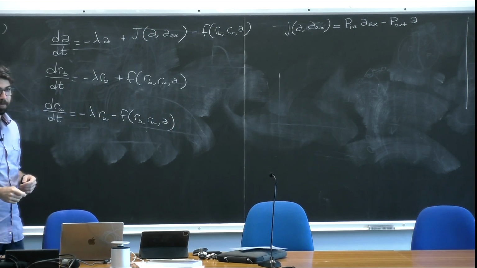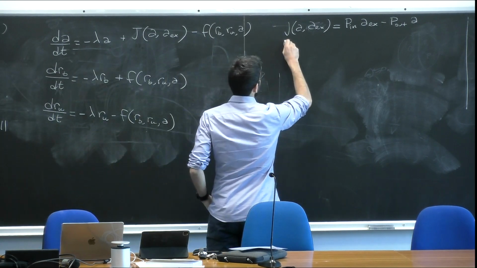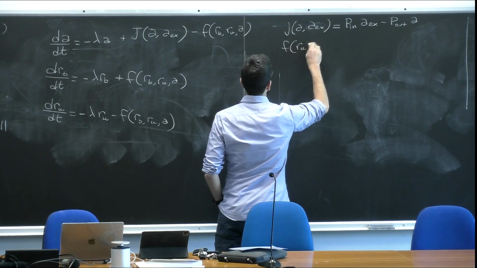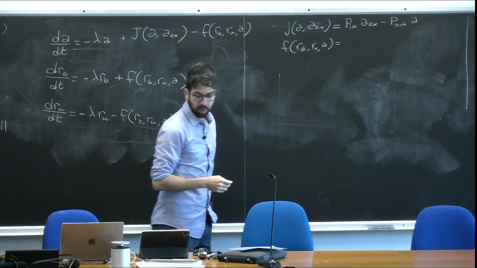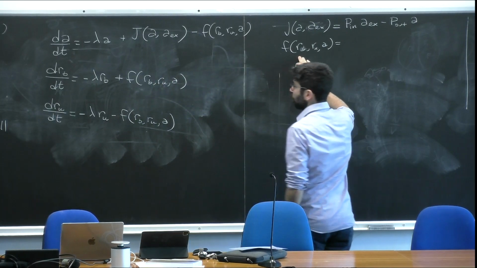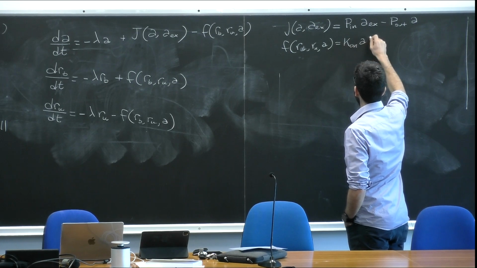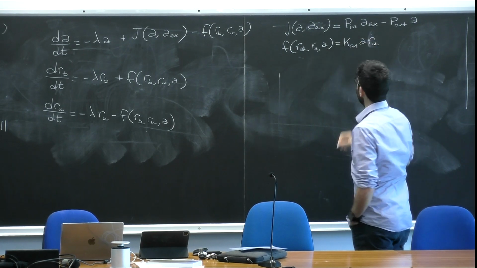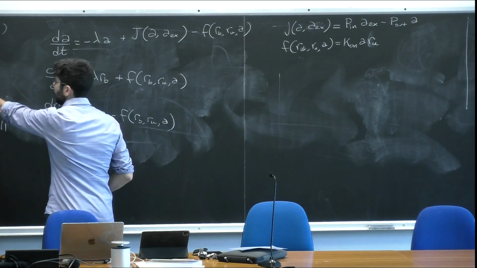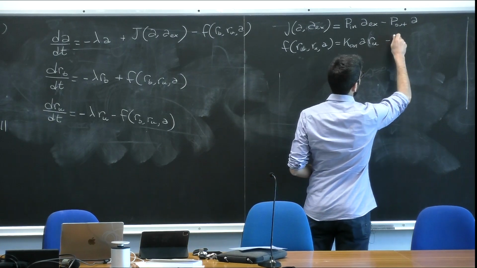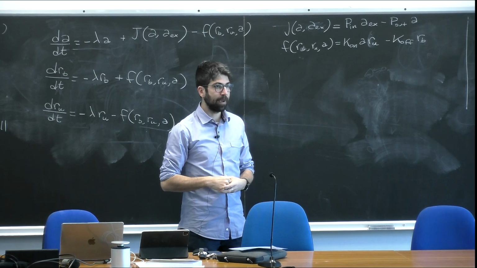And this function is equal to what? How do you increase the number of bound? You increase them with a rate which is k_on times A times R_U, which is the rate at which you bind, and you decrease it with the rate which is k_off times R_B.